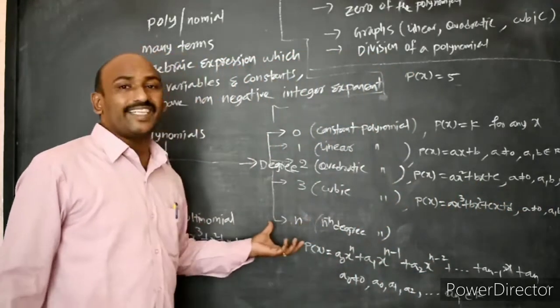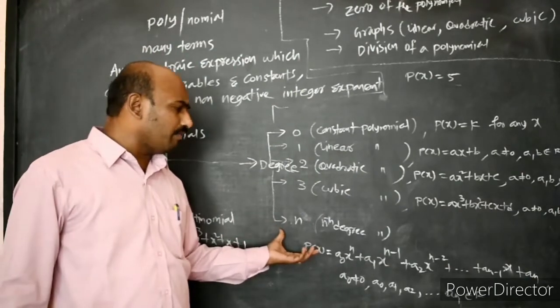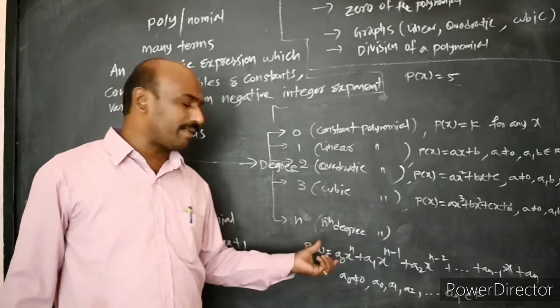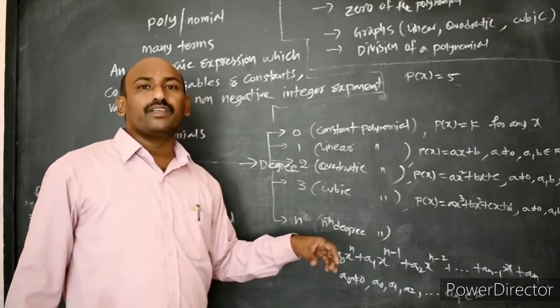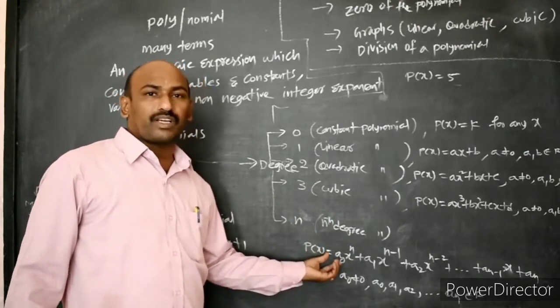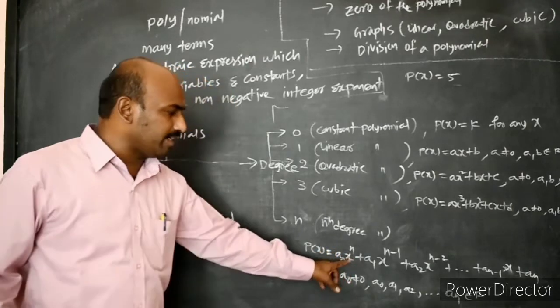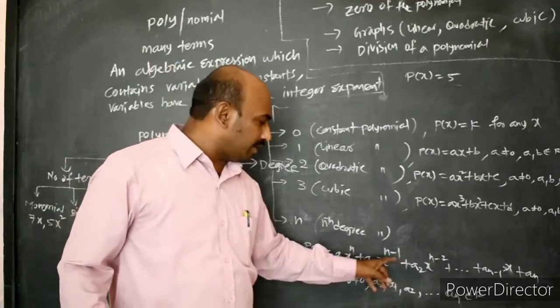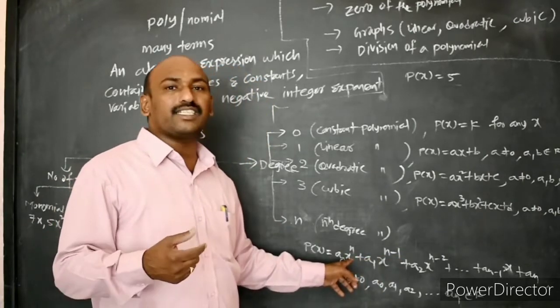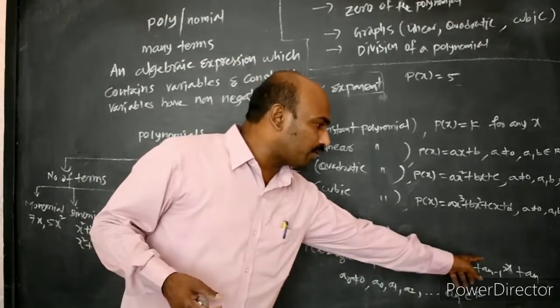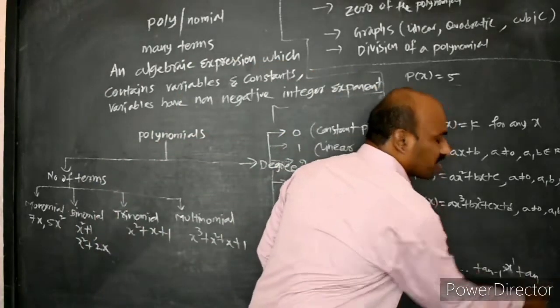If you go to an nth degree polynomial, the general form of p of x, if the highest power is n, we call it an nth degree polynomial. We can write it as a naught x power n plus a1 x power n minus 1, and so on. It is always in descending order, going n minus 1, n minus 2, up to x power 1 and x power 0 finally.